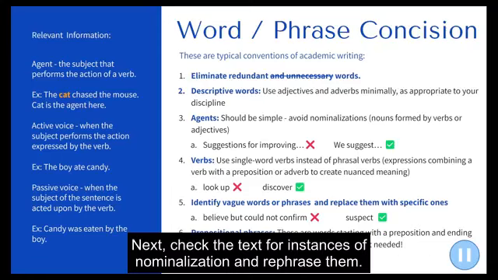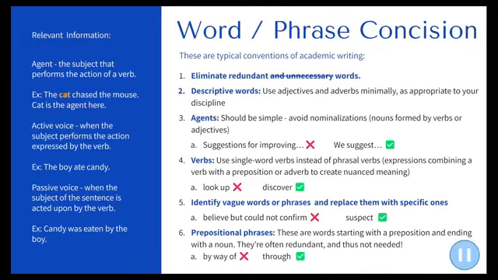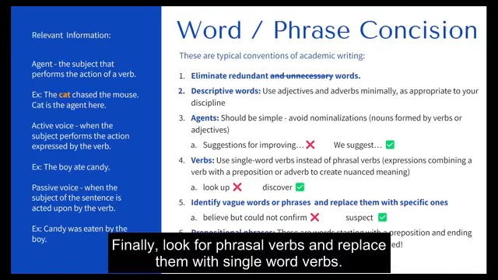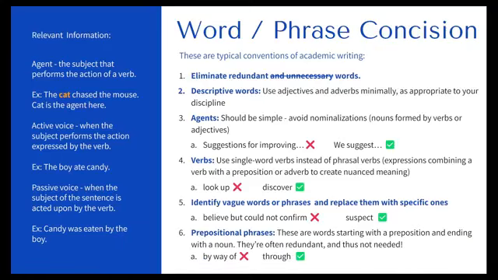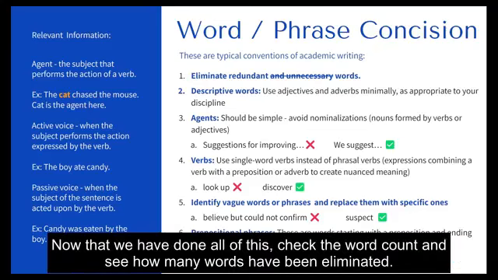Next, check the text for instances of nominalization and rephrase them. Finally, look for phrasal verbs and replace them with single-word verbs. Now that we have done all of this, check the word count and see how many words have been eliminated.